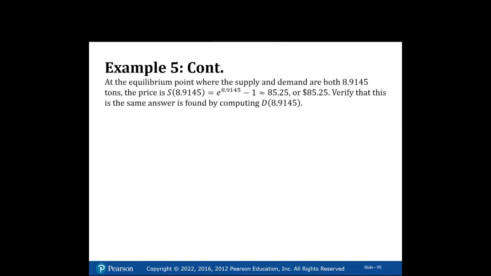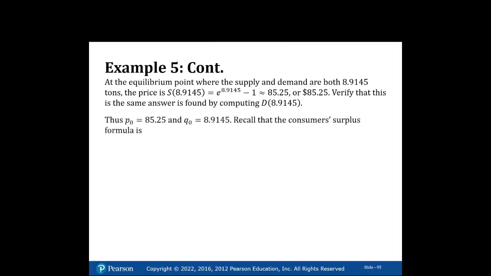And now we have our equilibrium point where supply and demand are both at 8.9145 tons. Now, if I plug that into my supply function, I get approximately $85.25. This should be the same if you plug it into the demand function. You should get the same number.